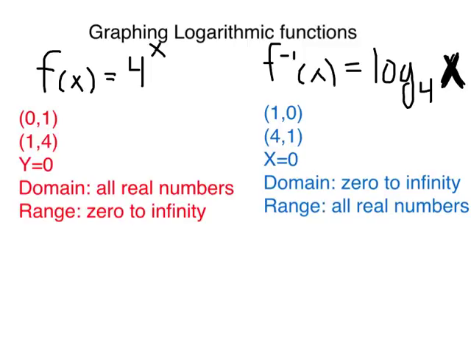The point 1, 4 in 4 to the x becomes 4, 1 in log base 4 of x. The horizontal asymptote y equals 0 becomes x equals 0. The domain, all real numbers, goes to the range of the inverse, and the range of 0 to infinity becomes the domain of the inverse.